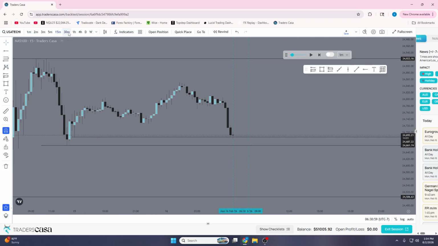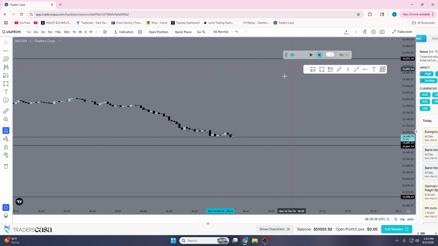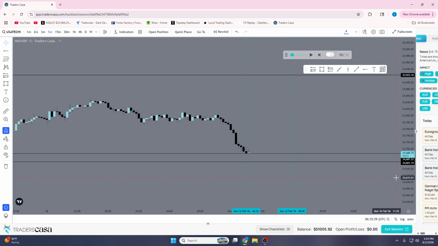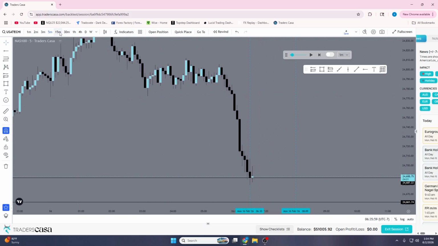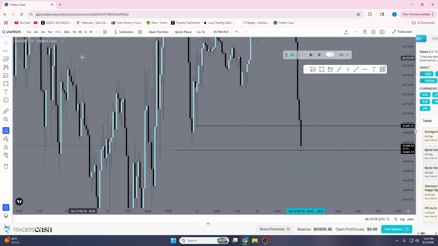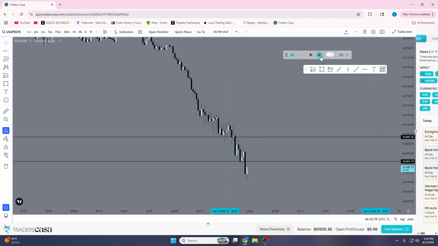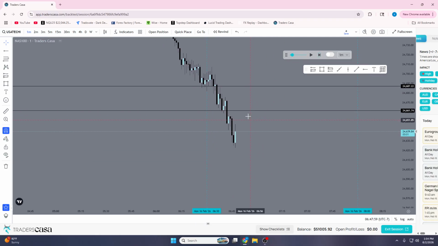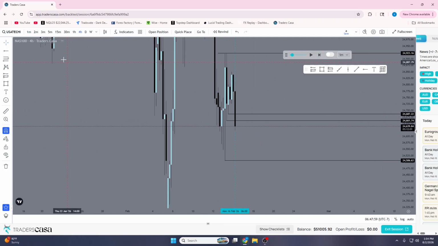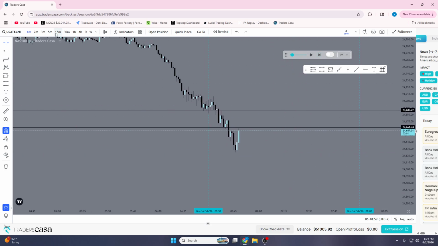So drawn liquidity does win in that sense, but we're extremely bearish here. Are we going to that low though? Like, I feel like we aren't.